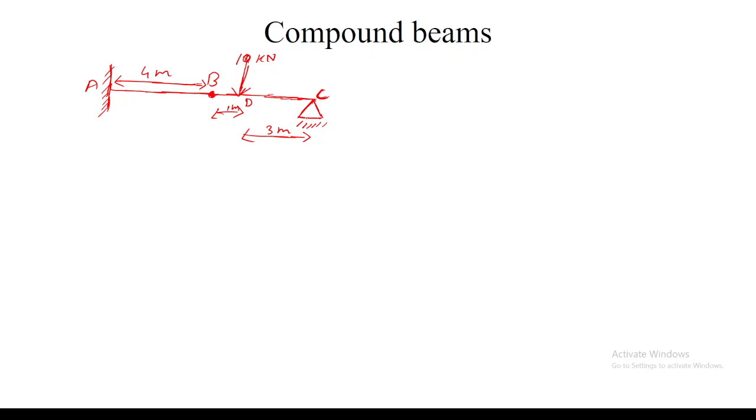Yes, sir. So I will tell you how to find the reactions at A and C. This is a compound beam. Here you have one beam from A to B, and at point B there is a hinge, and from B to C it is another beam. In order to find the reactions, I am drawing a separate figure here.